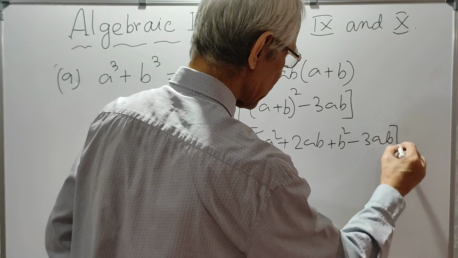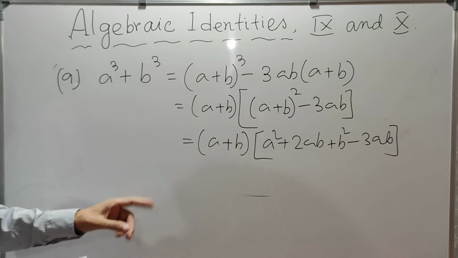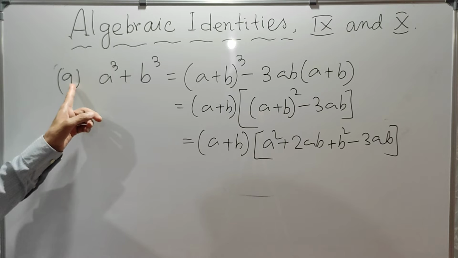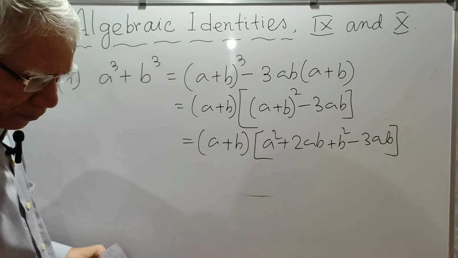So see how this next identity is obtained from the ninth identity. So from here you take common, we get this one. Now this part you simplify.